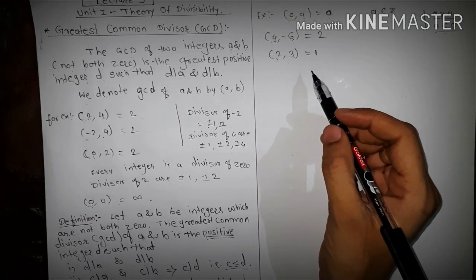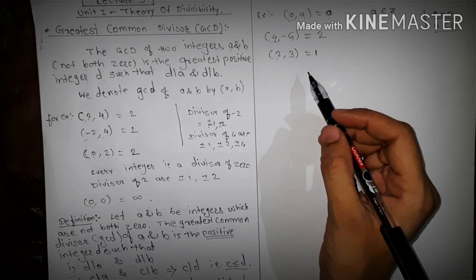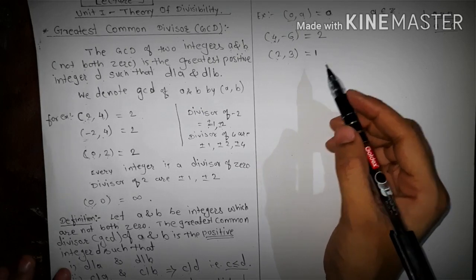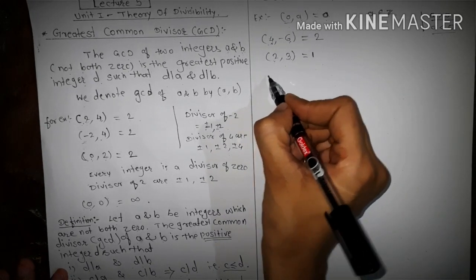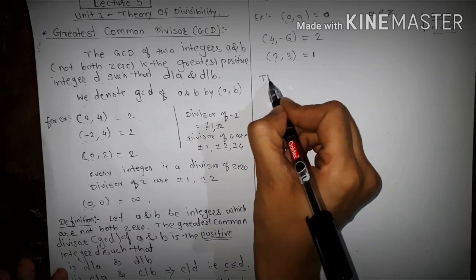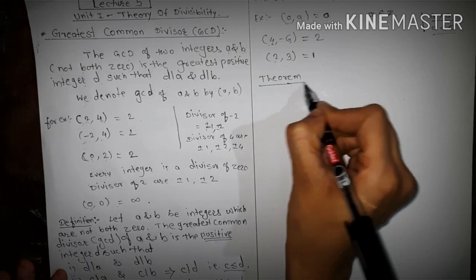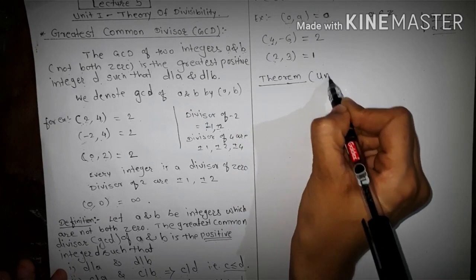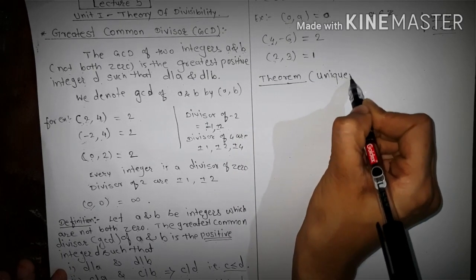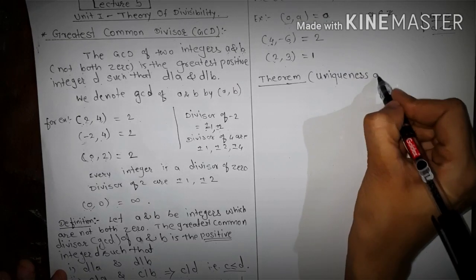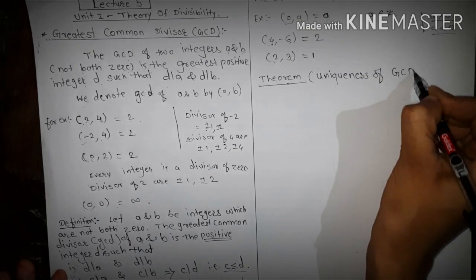So our first theorem is on the uniqueness of GCD. I write it first, the theorem: uniqueness of GCD.